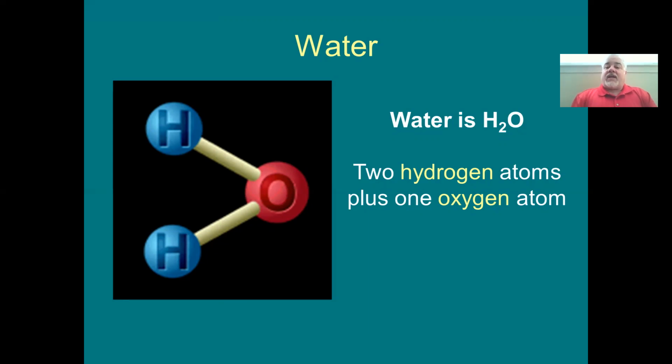And you'll notice that it is not in a line. It isn't HOH with the hydrogens coming off equally on either side. They're at an angle. And because of that angle, water is considered polar.